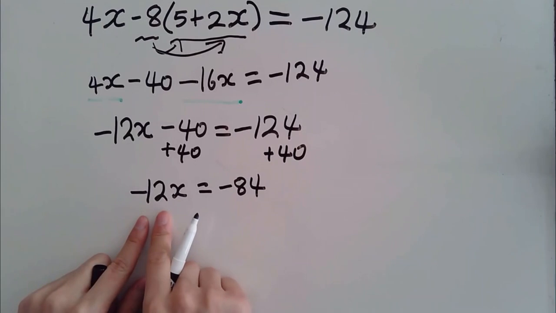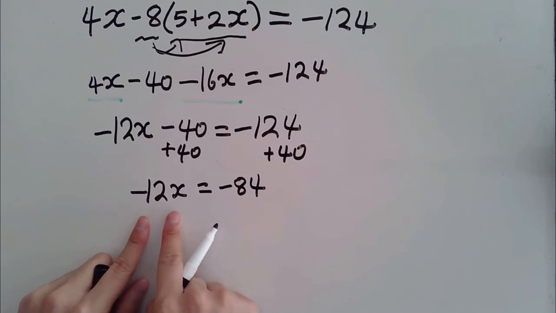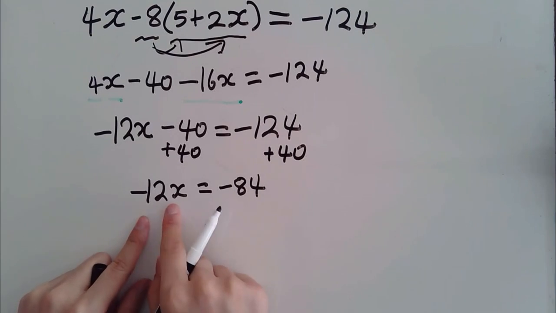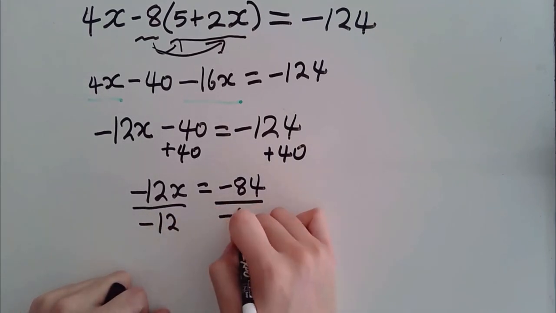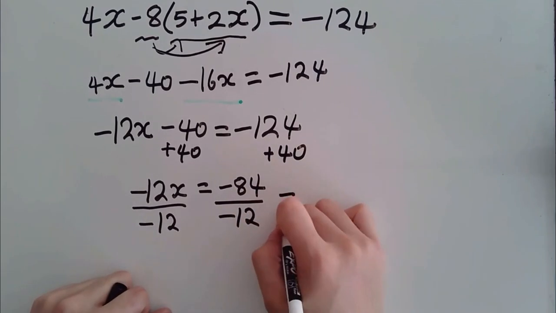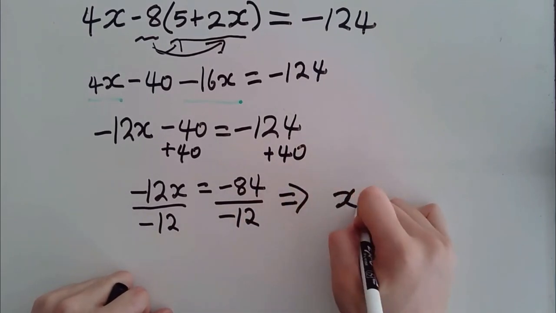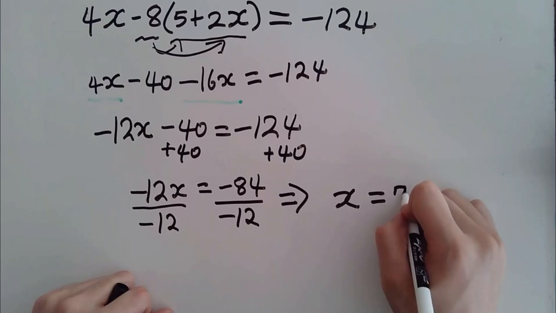Negative 12x means negative 12 times x, so we can isolate x by doing the opposite, dividing by negative 12. Then I arrive at the conclusion that x is equal to 7.